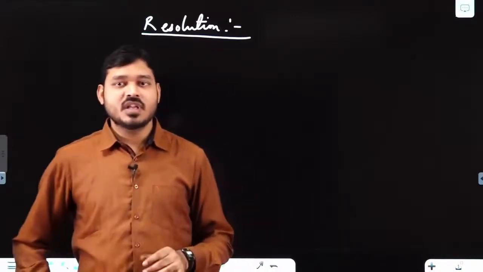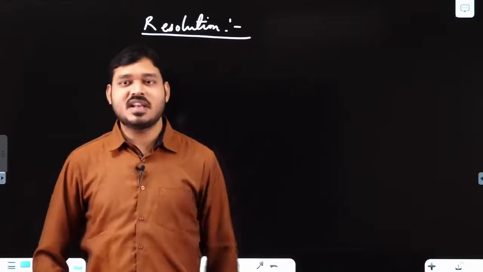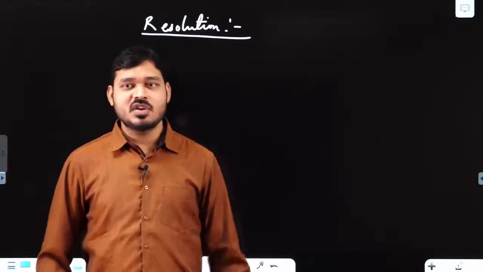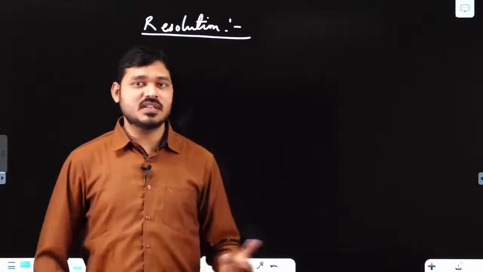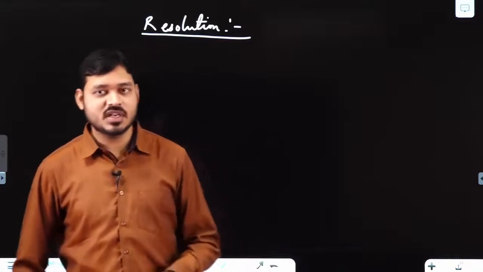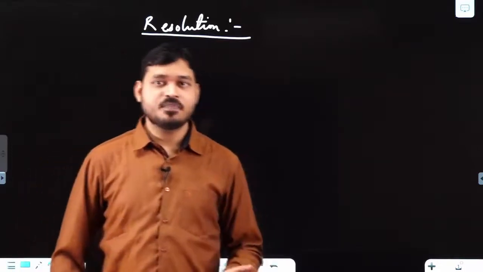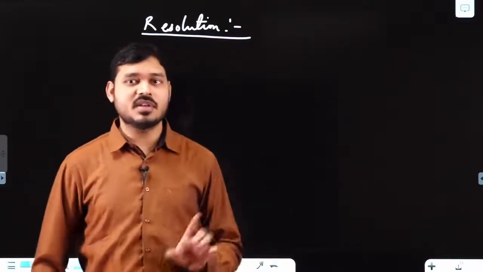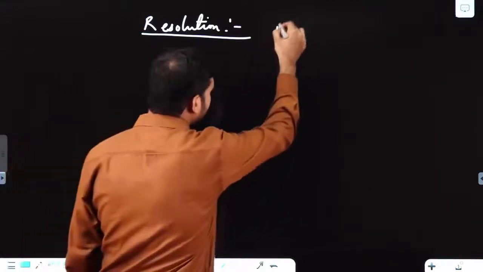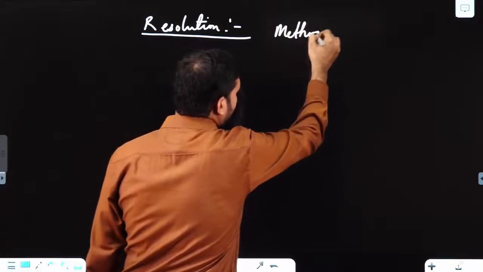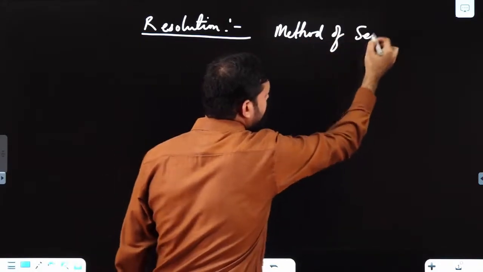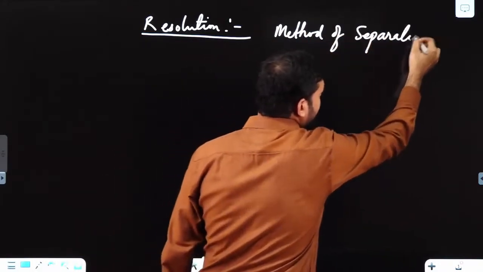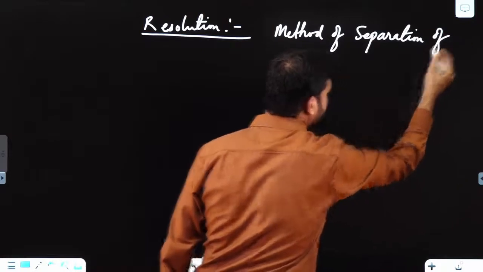As we know, the enantiomers have similar physical properties. So using physical property differences like melting point or boiling point, we cannot differentiate them. So we use a particular method of resolution. Okay, resolution, what is this?